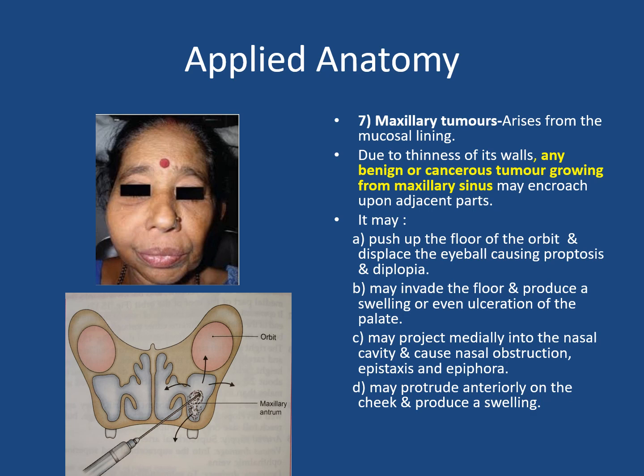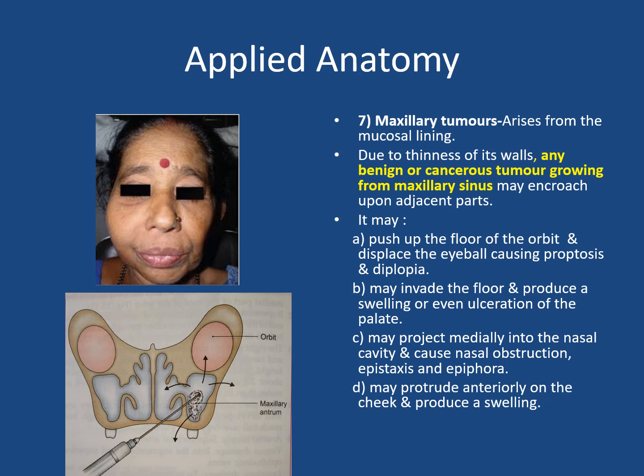So it may do any of the following. Number one, you look at the diagram below, you look at the black arrows and try to follow whatever I am saying. Such a tumor may push up the floor of the orbit and displace the eyeball, causing proptosis and diplopia.